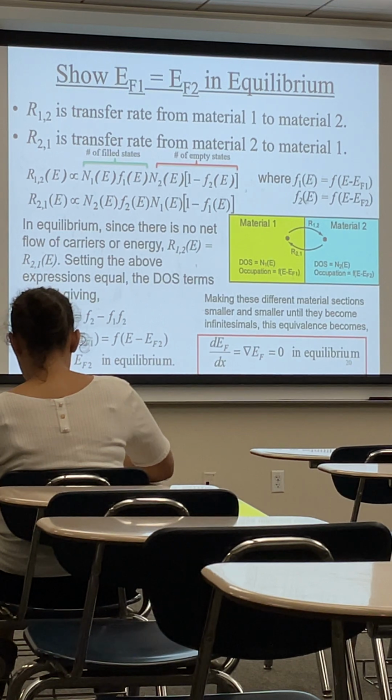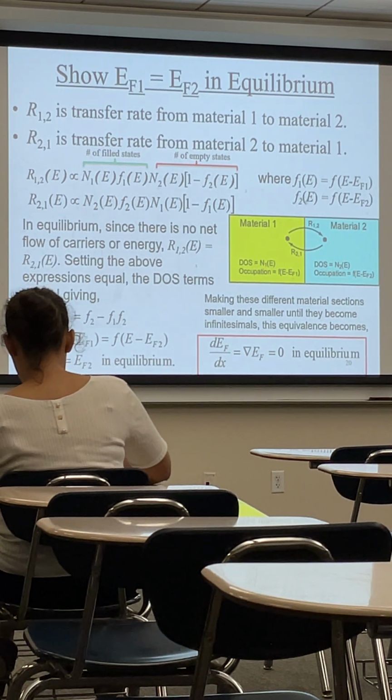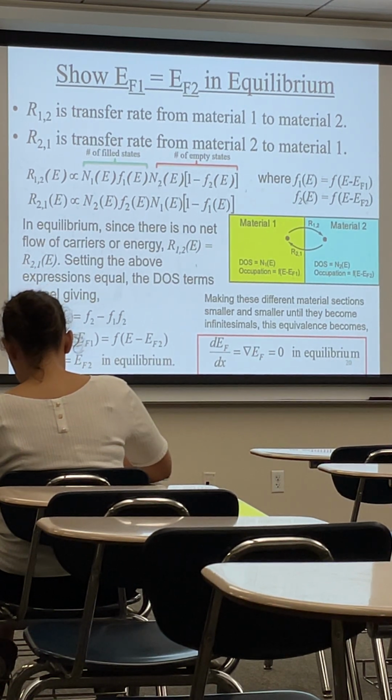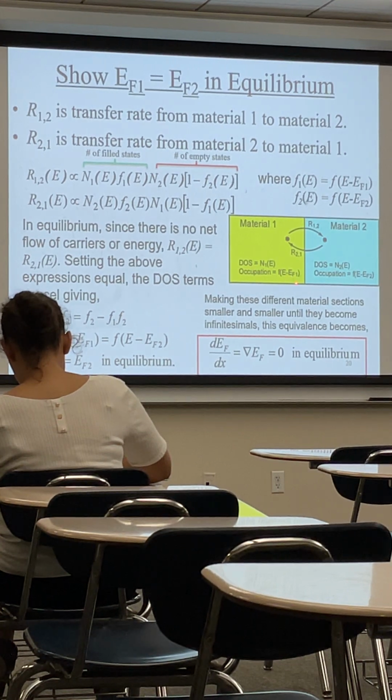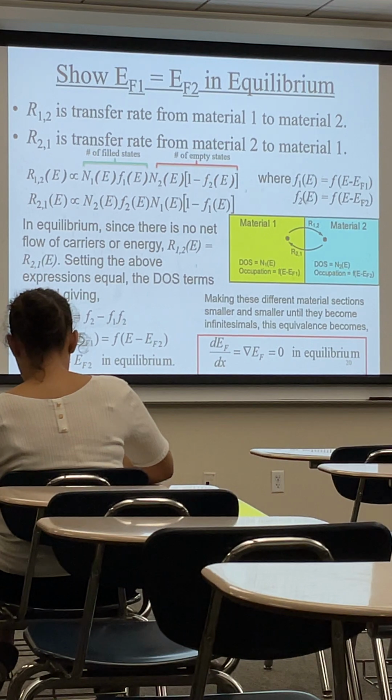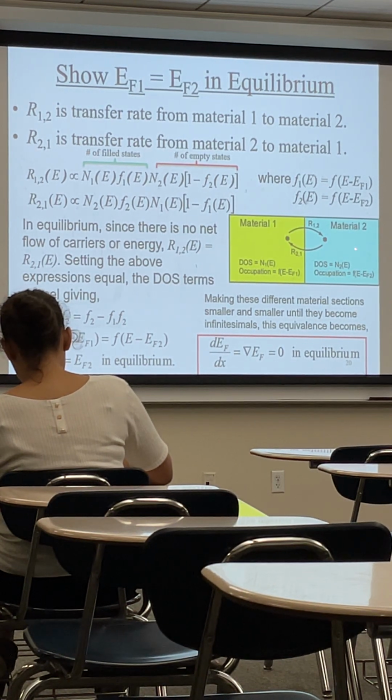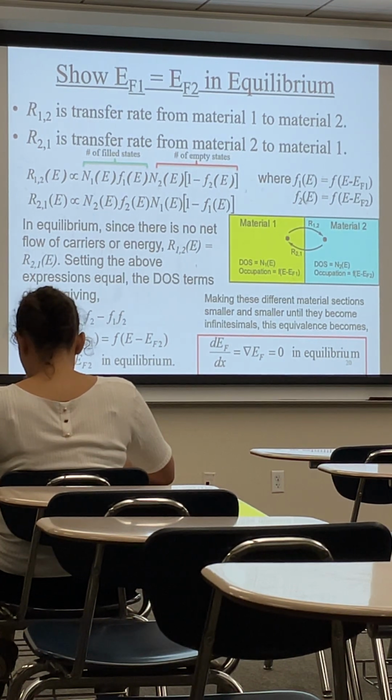In equilibrium, there will be no net flow of carriers or energy. If there were some net flow, then the carrier concentration would keep increasing. But in equilibrium, remember I told you that everything is balanced and the properties are constant, so they cannot change.